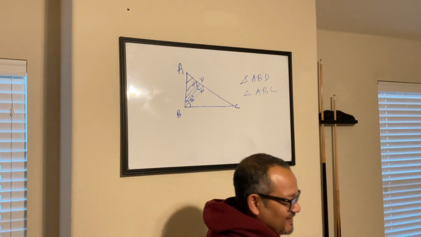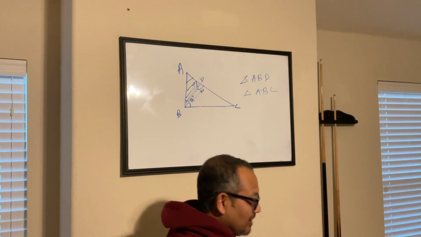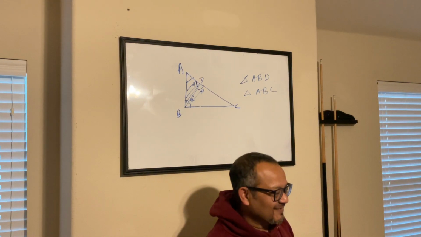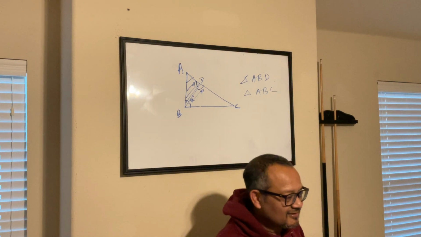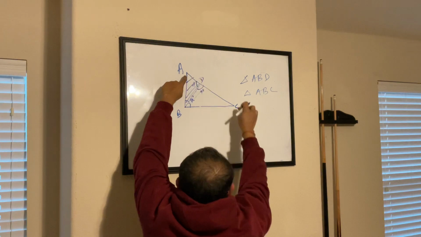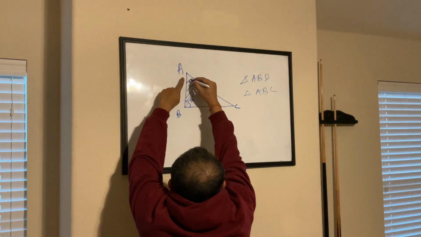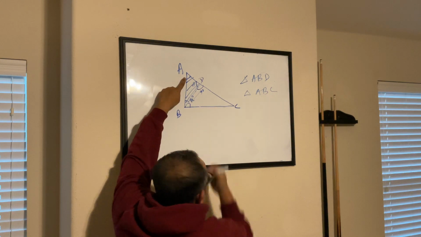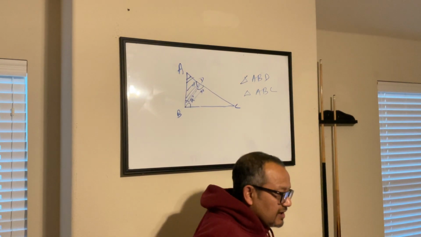Why? You don't have to agree just because I'm smiling and saying you have to. Look at this. If you look at this big triangle, you have this angle and 90 degree. Correct?